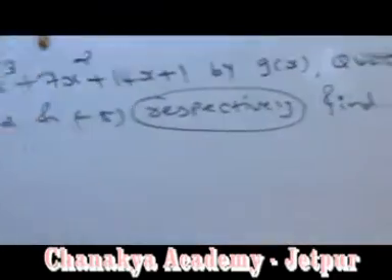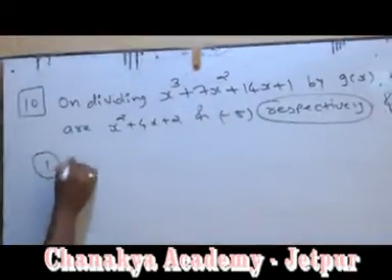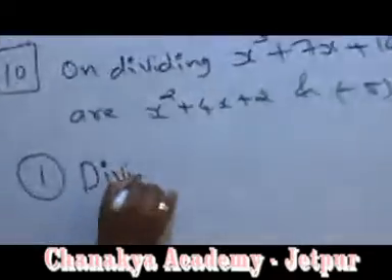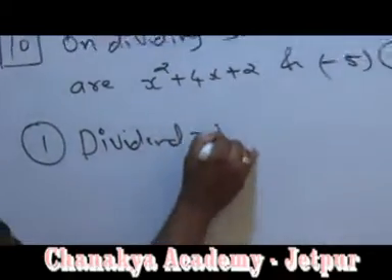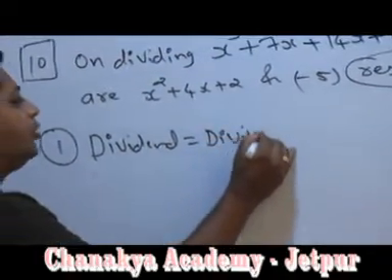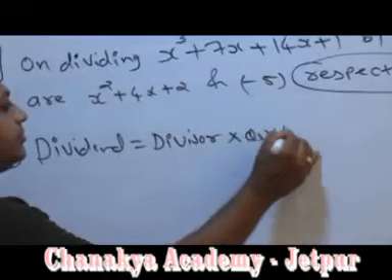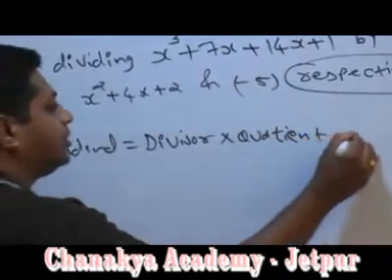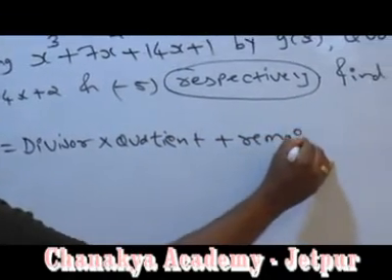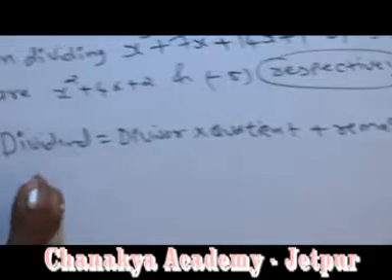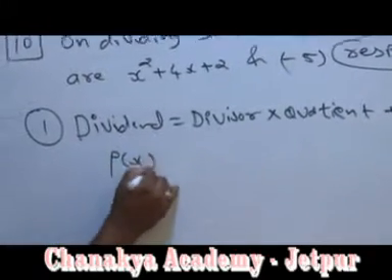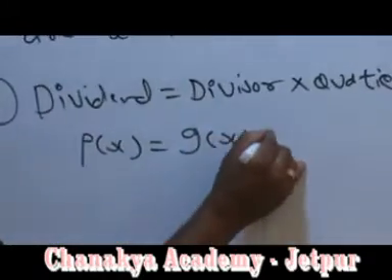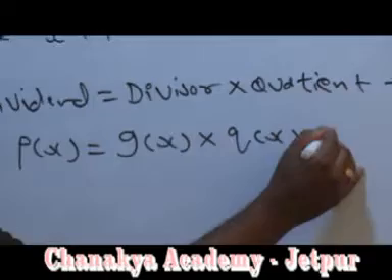Find g of x. Okay students, our first step is dividend equal to divisor into quotient plus remainder. Symbolically we are presenting it as follows: p of x equal to g of x into q of x plus r of x.